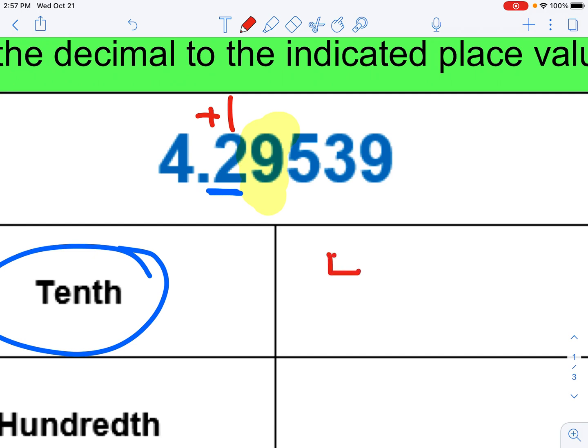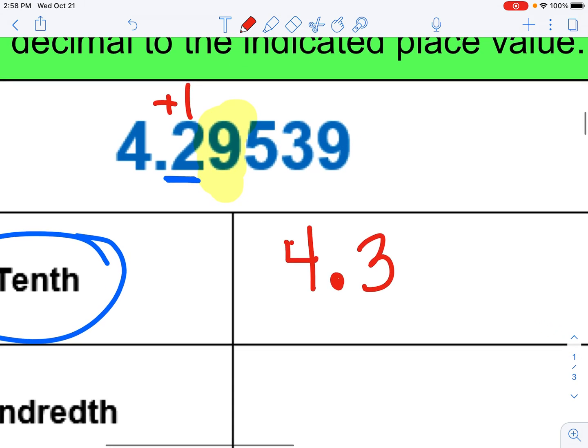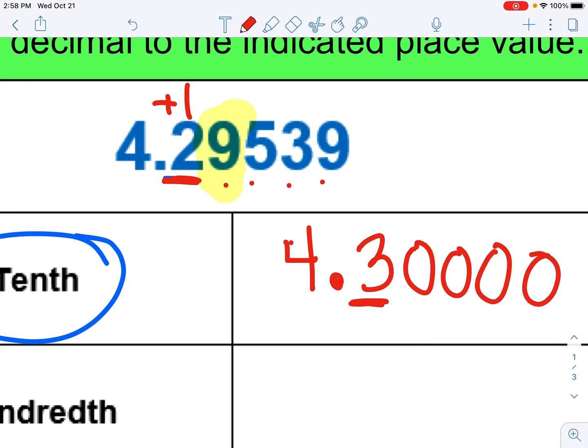So my rounded number is 4 and 3/10. And everything after that 2, which we rounded to a 3, changes to zeros or you just leave it. If you wanted, you could do 1, 2, 3, 4 zeros, but that's the same thing as if I just left it as 4 and 3/10.